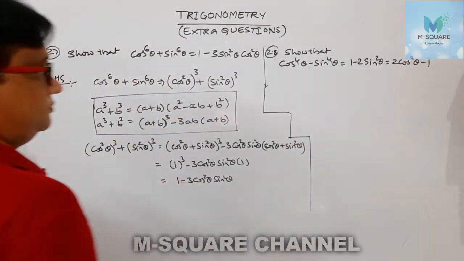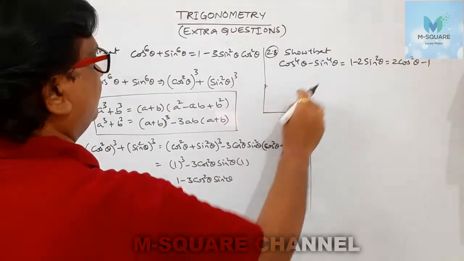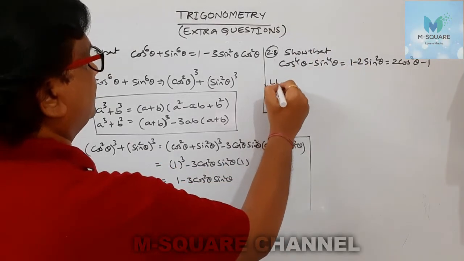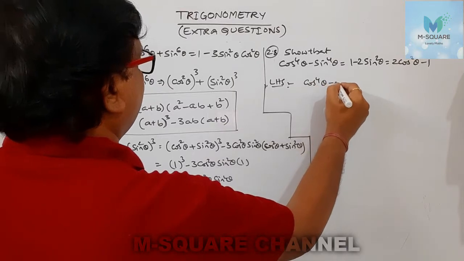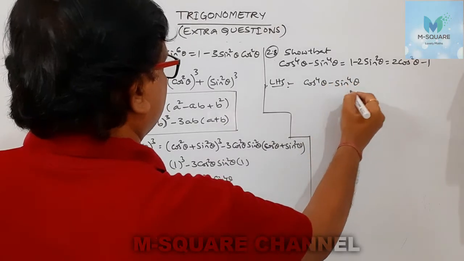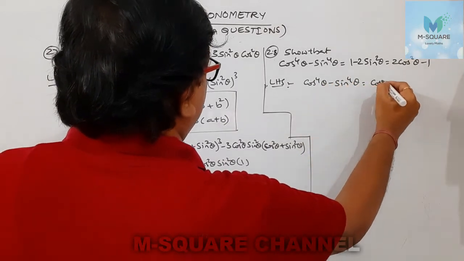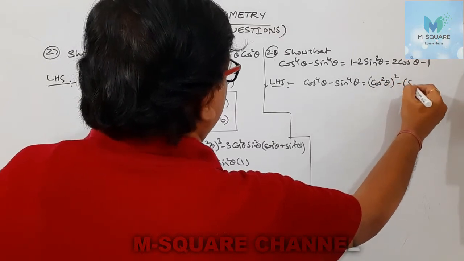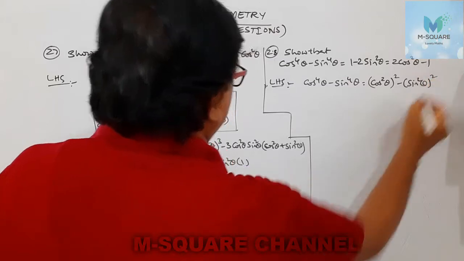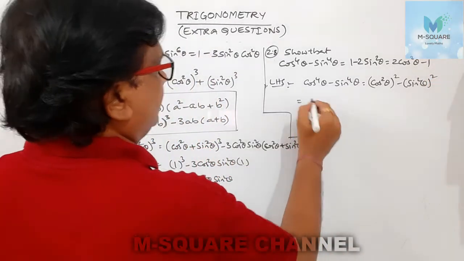Now in this case, this is a power 4 is there. That's why LHS part cos power 4 theta minus sin power 4 theta equal to you can write cos square theta whole square minus sin square theta whole square, a square minus b square again.